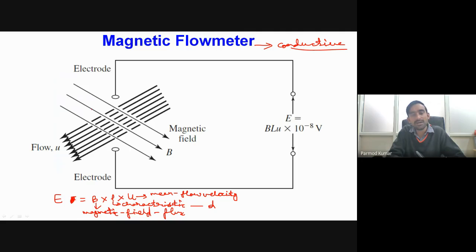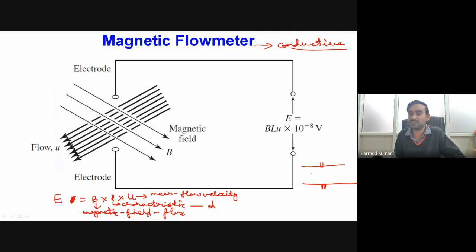Now in this type of arrangement, we can have two different combinations. In one combination, we may have a non-conductive pipe material, and we place some flush mounted electrodes inside the pipe, which give us the output voltage.